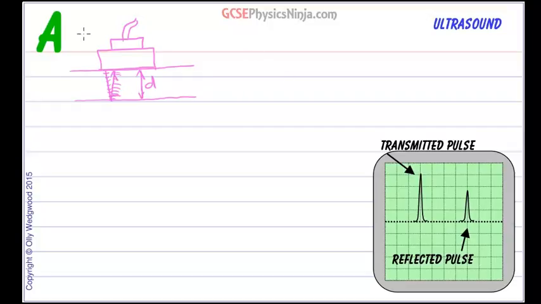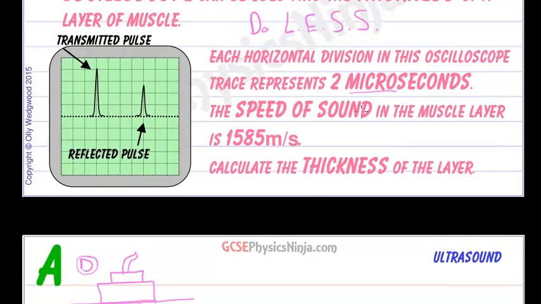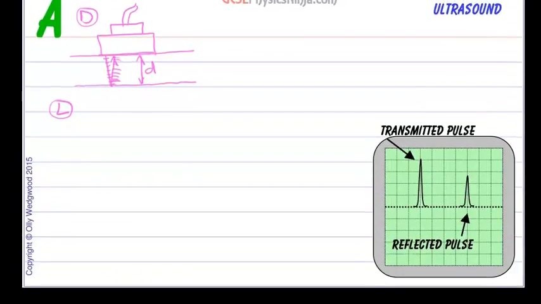So the first thing is diagram. That was D for diagram, and it's a useful thing to do just to get your head around the question. Secondly, we're going to list the data. So L for list. What do we know? Well, we know that the speed of sound in the muscle layer is 1585 meters per second.